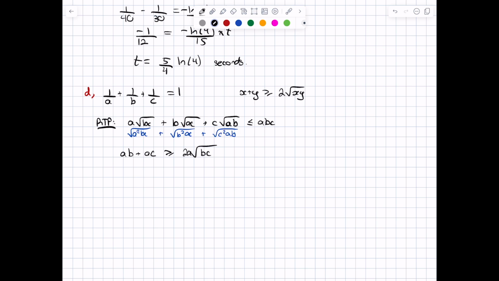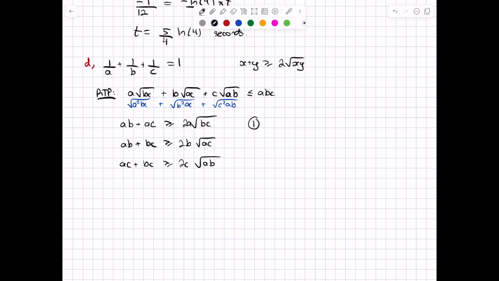I'm going to do the same thing for b. I'm going to have 2 copies of b appearing. So there's a b there, and there's a b in this term. So this will be 2b root ac, and the same for c. It's going to be 2c root ab.